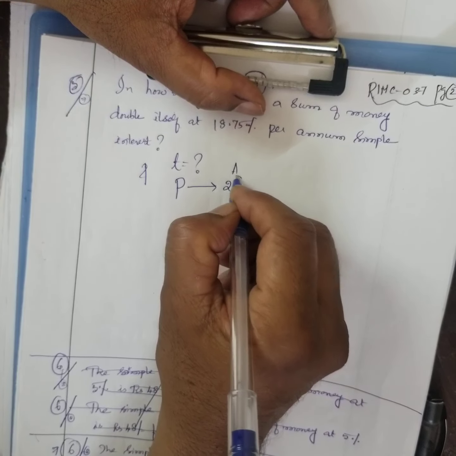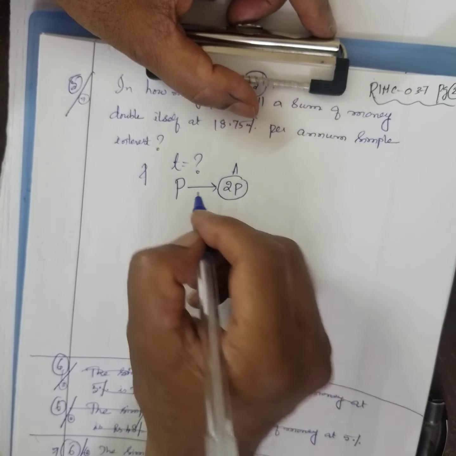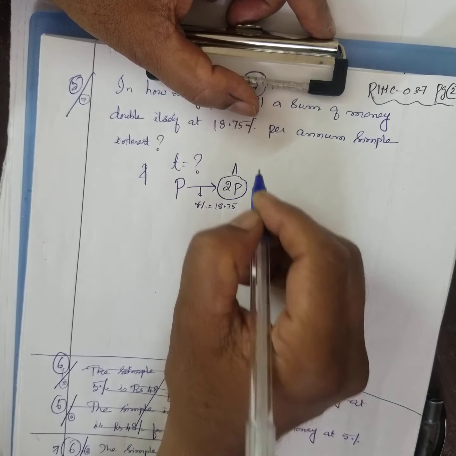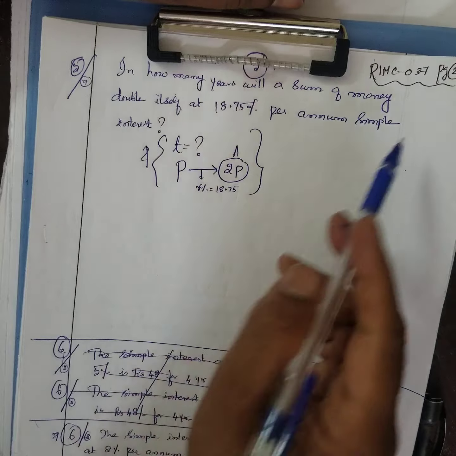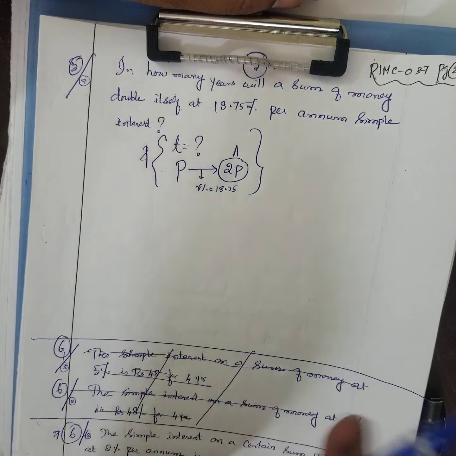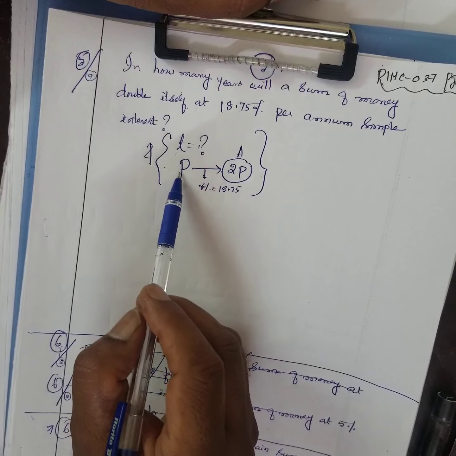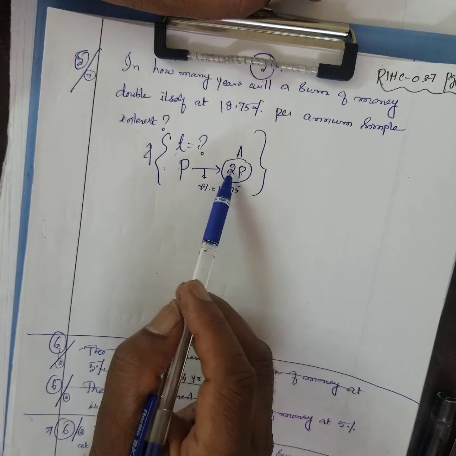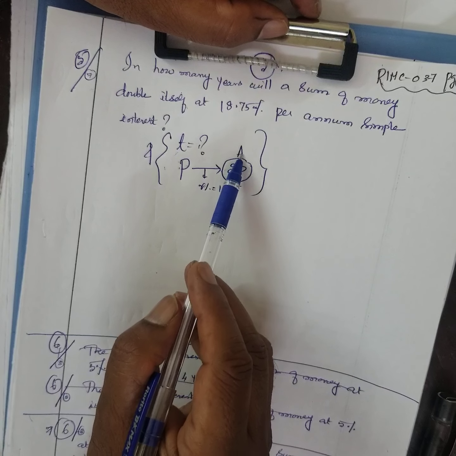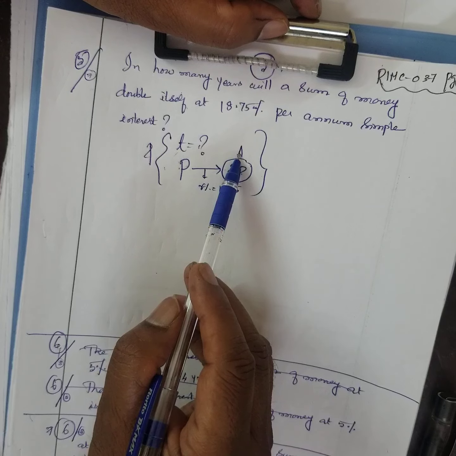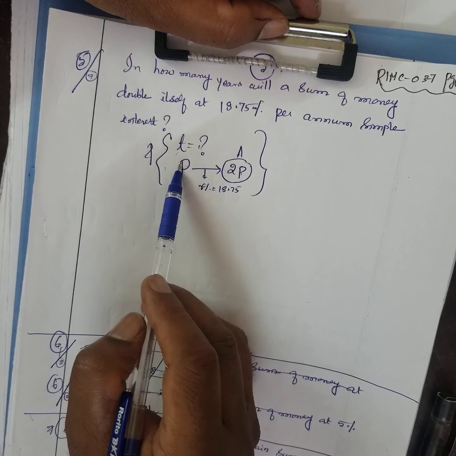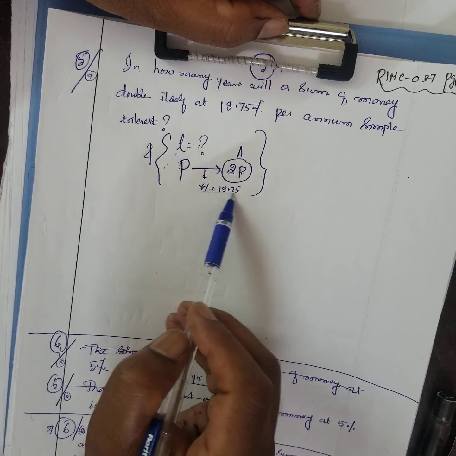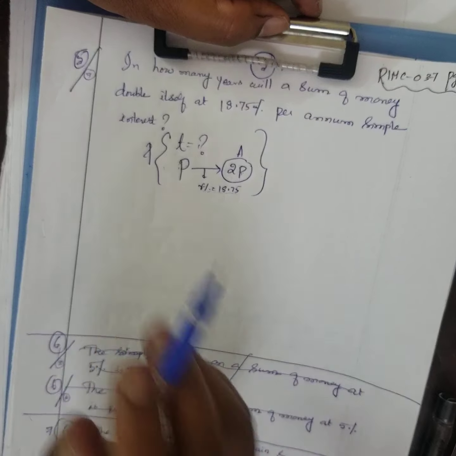Double means the amount will be double itself if the rate of interest is 18.75. You understood now? The entire sentence I made into a simple equation. If I put 1,000 or 10,000, I should get 20,000, but the rate of interest is only this much. How many years do I have to wait? That is the question.